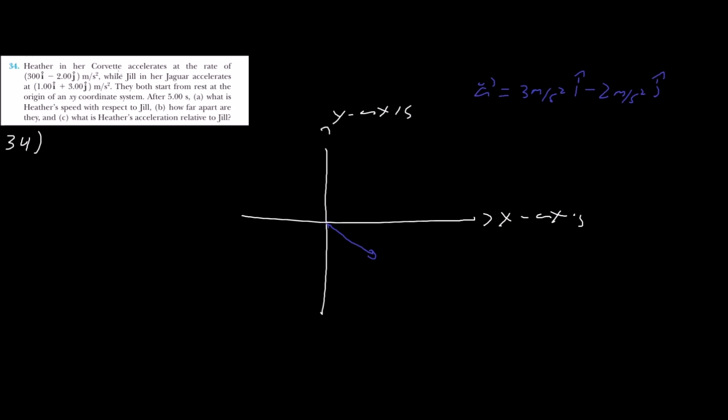The acceleration for the Jaguar is 1 meter per second squared in the i-hat direction plus 3 meters per second squared in the j-hat direction. That's a vector somewhere in there. It doesn't matter if I draw them to scale or not. What matters is the mathematics.